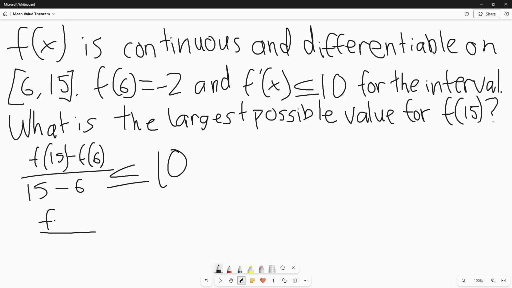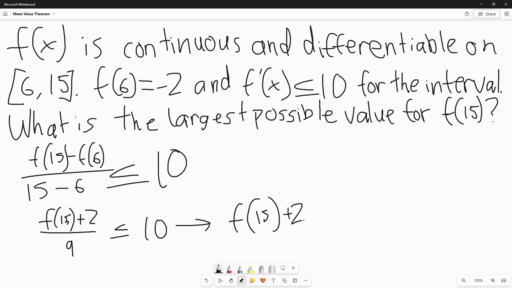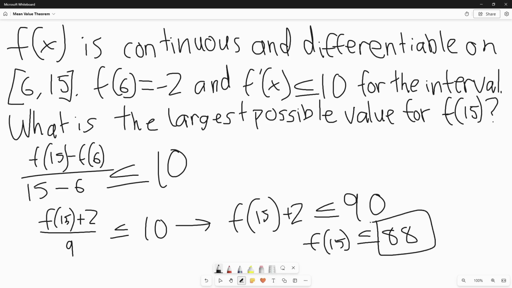So this is just f of 15 plus 2 over 9 is less than or equal to 10. And we get f of 15 plus 2 is less than or equal to 90, and f of 15 is less than or equal to 88. We're trying to find the largest possible value for f of 15, and judging by this, the largest possible value is 88. And that's our answer.